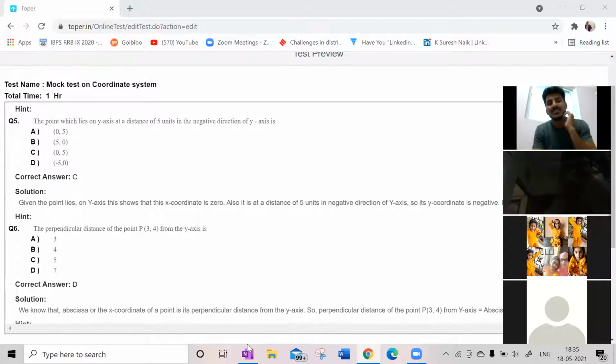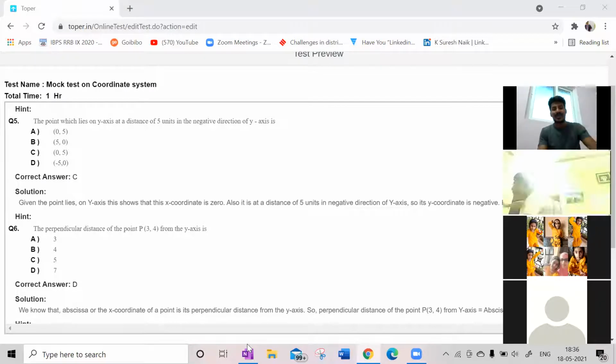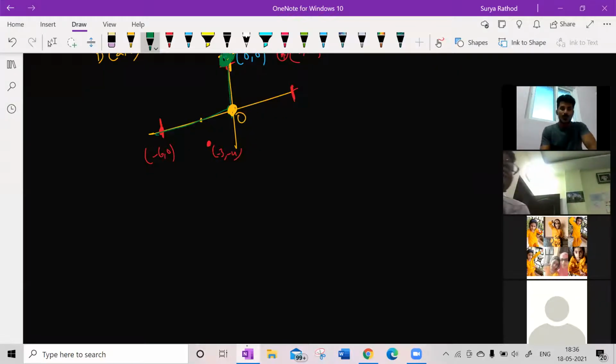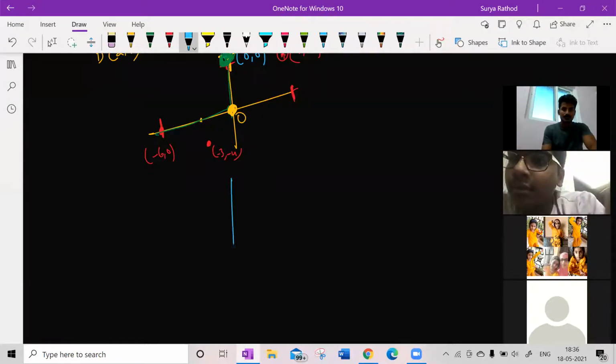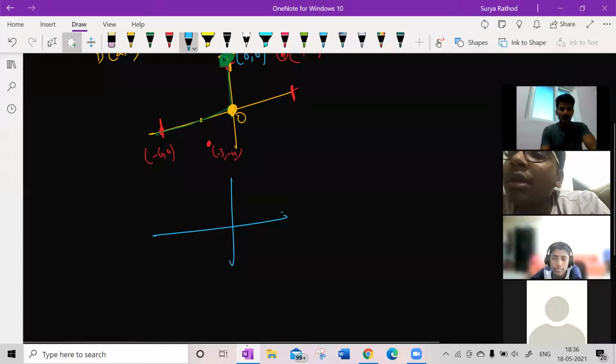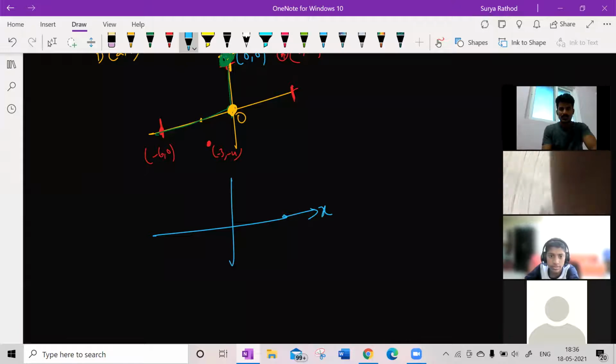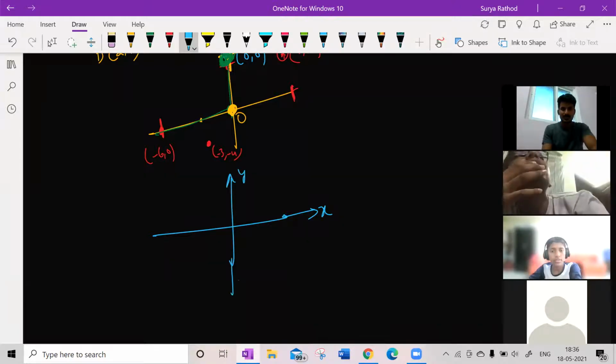The point which lies on the y-axis at a distance of 5 units in the negative direction of the y-axis. The answer should be (0, -5). But there is no such option. Look at this: this is the x-axis, this is the y-axis.